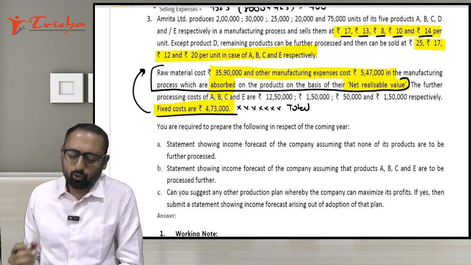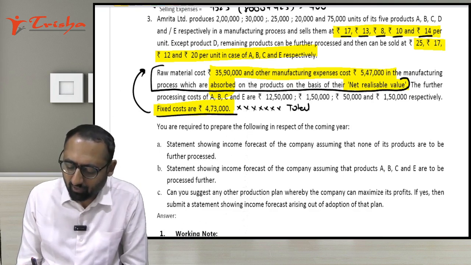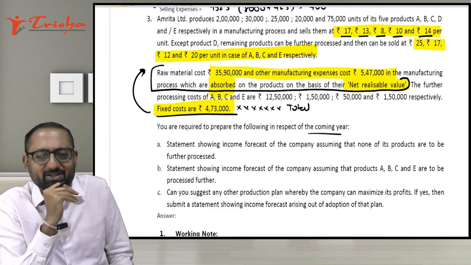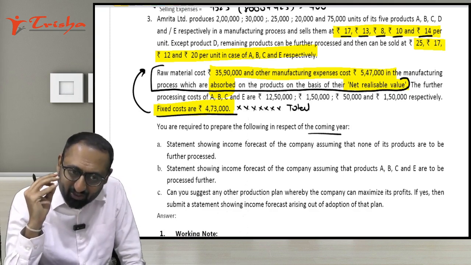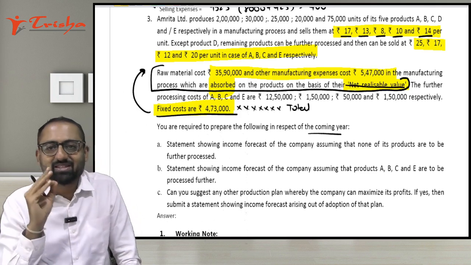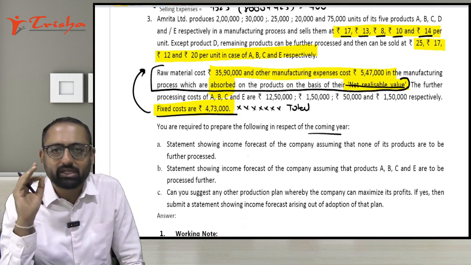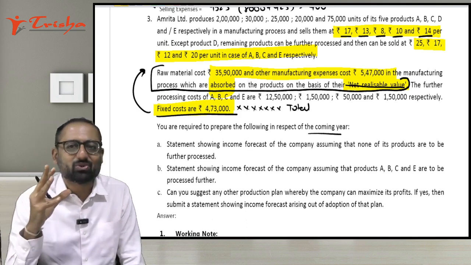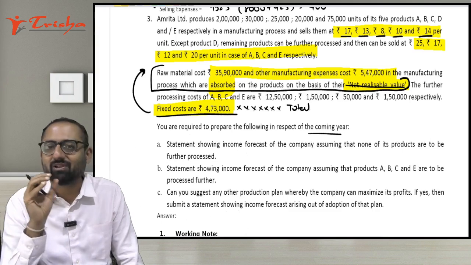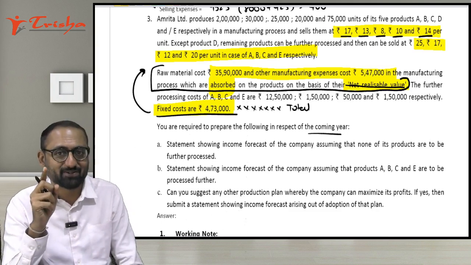Next, you are required to prepare the following in respect of the coming year. One very important adjustment: suppose in this question the NRV method was not given, in such a situation, boys and girls, joint cost will be allocated on the basis of sales value at split off. I told you this.